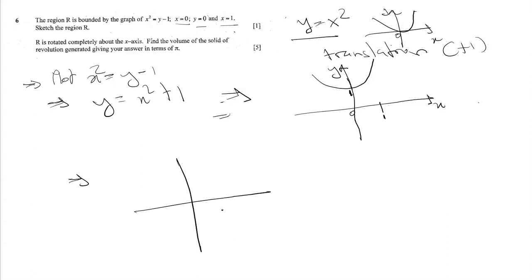We already know that we're starting at 0 for y, so we don't need to draw the whole part. So this is the y-axis, this is the x again. This is 1, and we know x equals 1 as well.